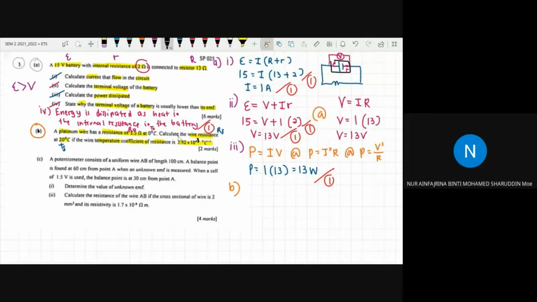So, Miss nak tanya, temperature of coefficient, apakah simbol dia? Anyone? Alpha. Alpha, correct. It is alpha. So, sekarang kita nak cari R dia. Kalau kita nak cari R at 20 degree Celsius, kita nak pakai formula apa?